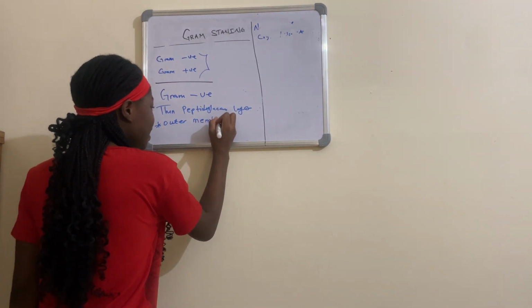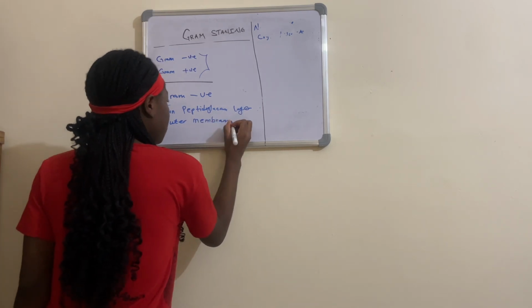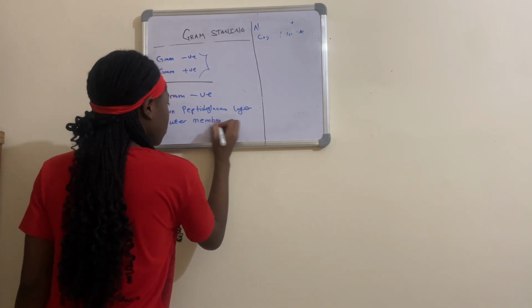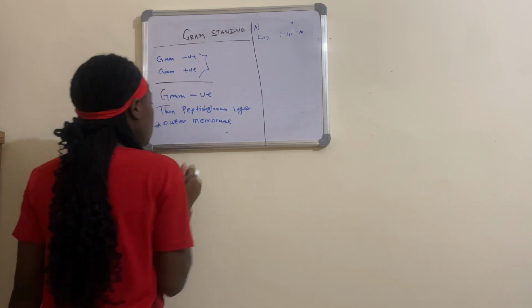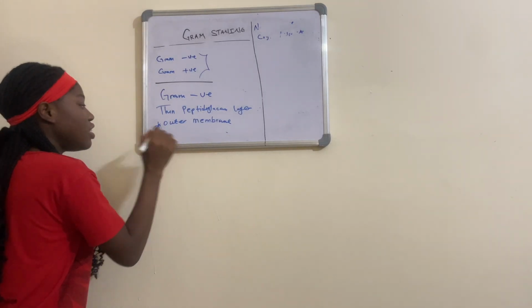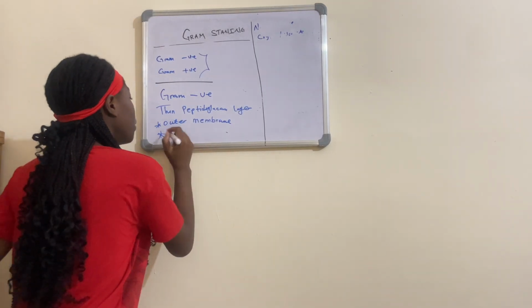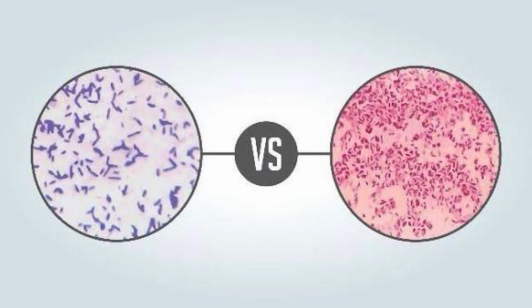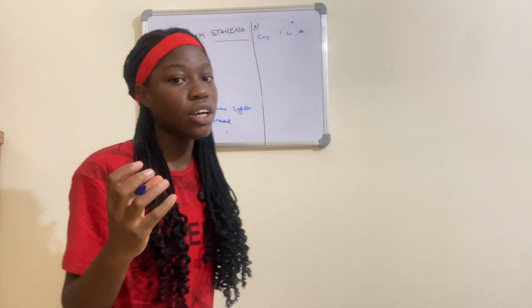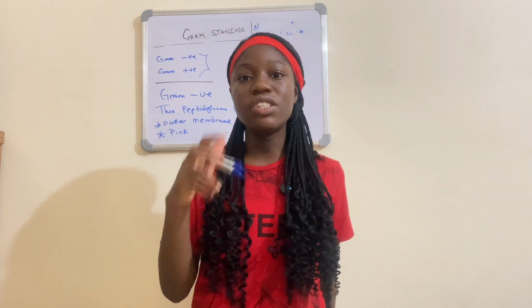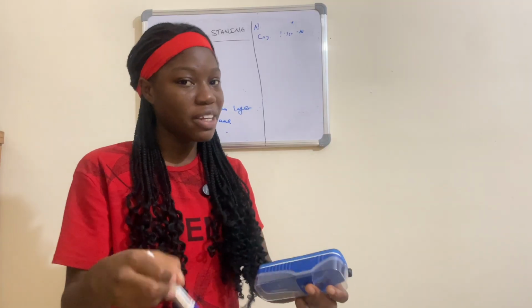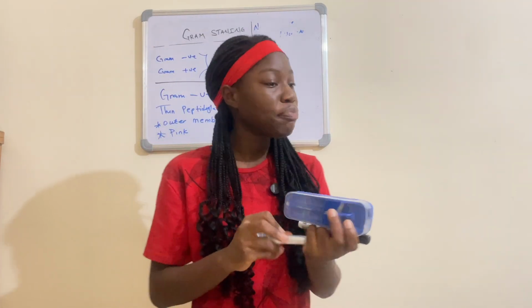And then when you stain them with the gram stain, they have a pink color because they retain the counterstain, right? They retain the safranin. I'm going to be explaining it in this video, so just pay attention.